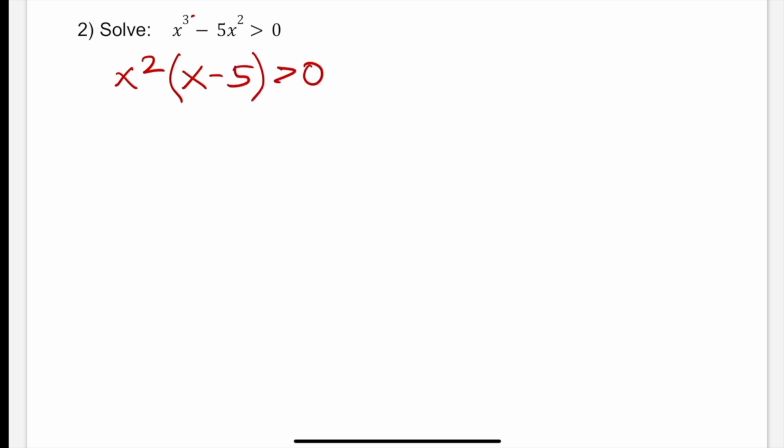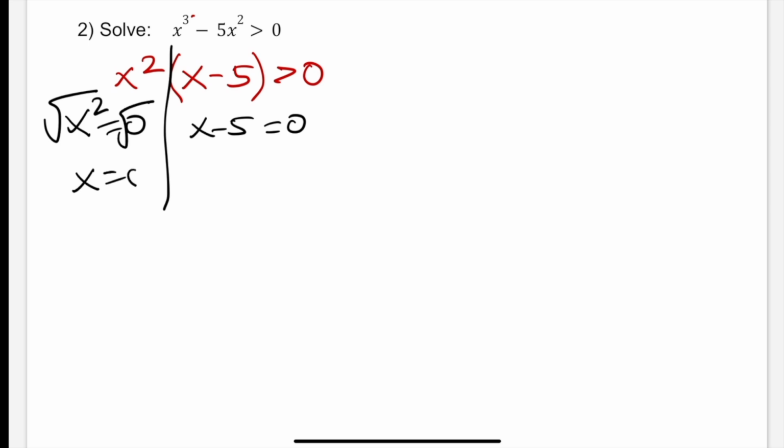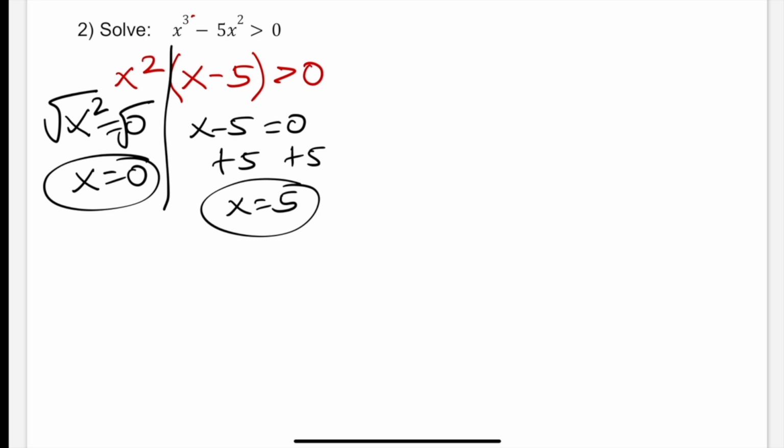From here, remember, I need to make each one of them equal to 0. x minus 5 equal to 0. Technically, I can do square root, x equals 0. That's my first 0. And from here, plus 5, and my other 0 is 5.